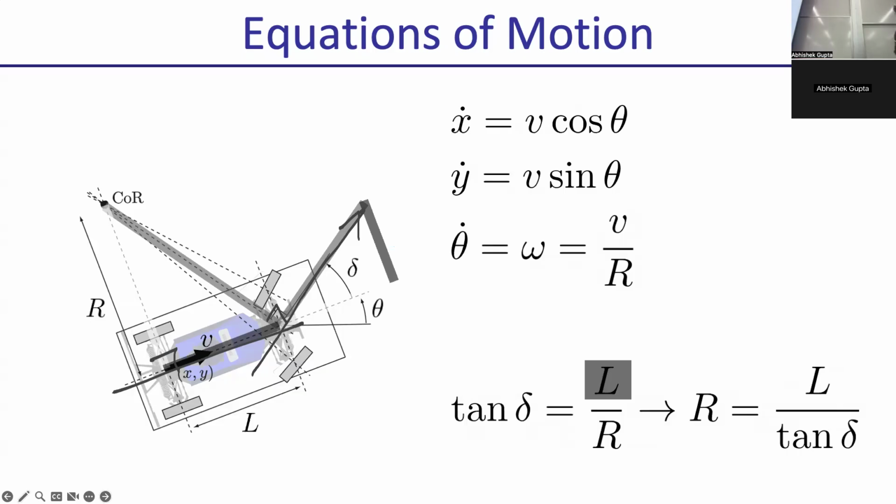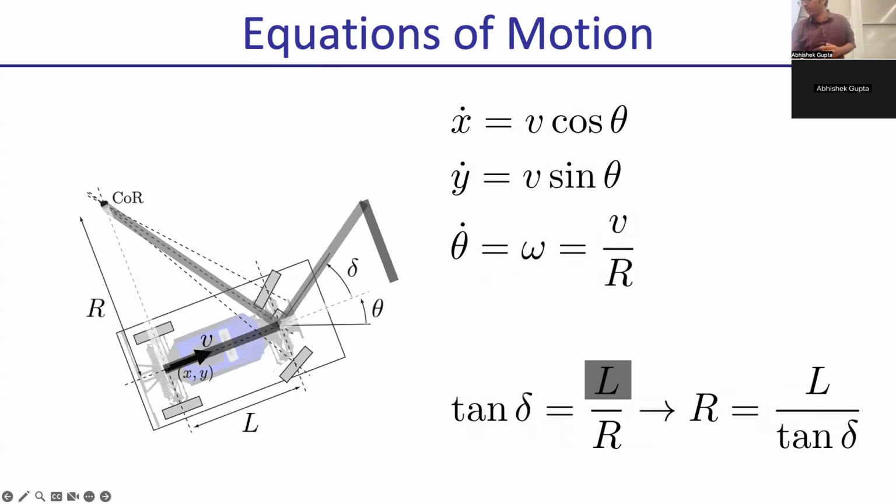And that allows you to compute that this angle is delta, which means that tangent delta is L over R, which allows you to compute theta dot, right? So just to recap, x dot is V cosine theta, y dot is V sine theta, theta dot is V over R, and R is L over tangent delta, right? The facts that we used were just projection of velocity along the axes, and the fact that it's a rotation, so you can compute the tangents.